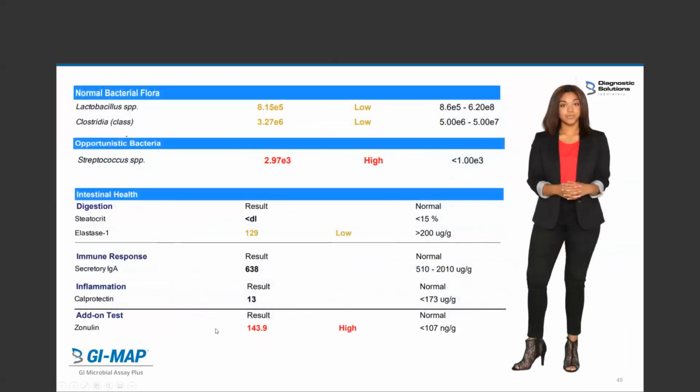So this is actually her GI map test. So it kind of is helpful too. So her lactobacillus was low, her Clostridia, which some of those conversions require some Clostridium. Her digestion's a little impaired, so she doesn't have any steatocrit, so fat's getting digested, but elastase is a proteolytic enzyme.